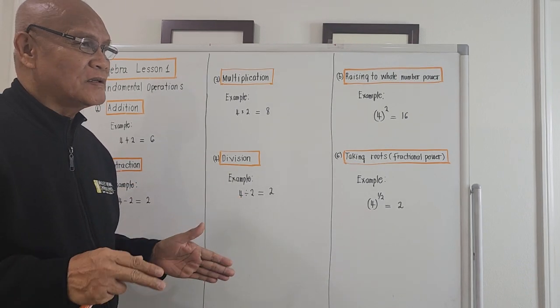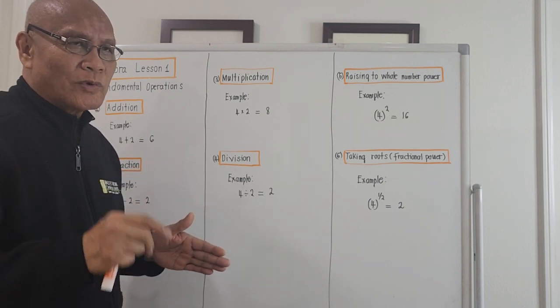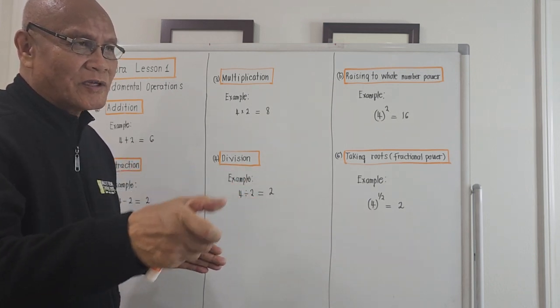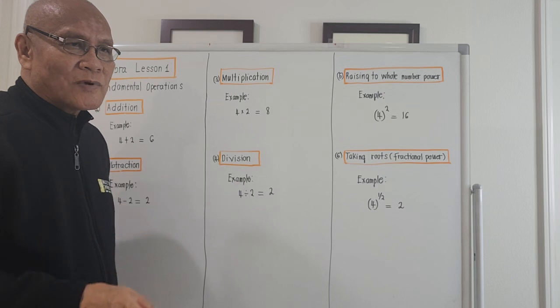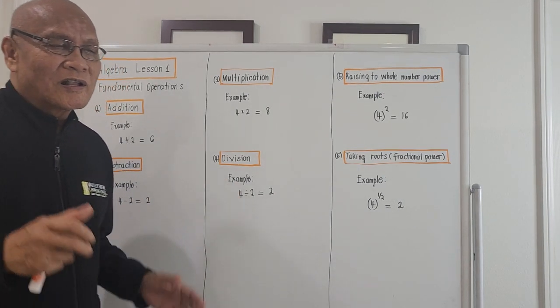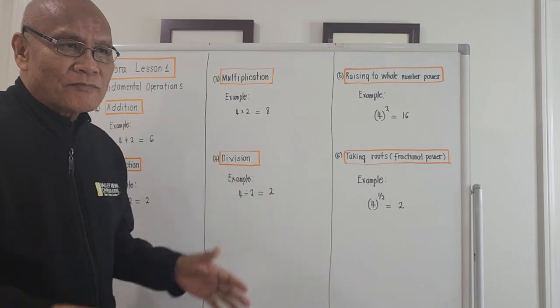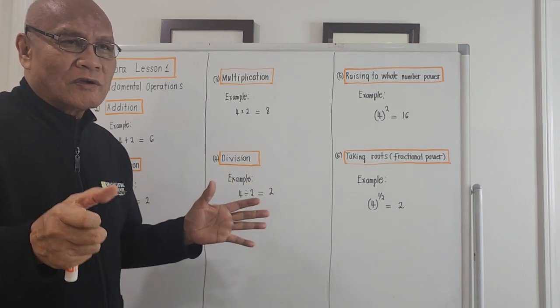Meaning algebra is the branch of mathematics that uses letters X and Y that represent numbers and formulas and equations.